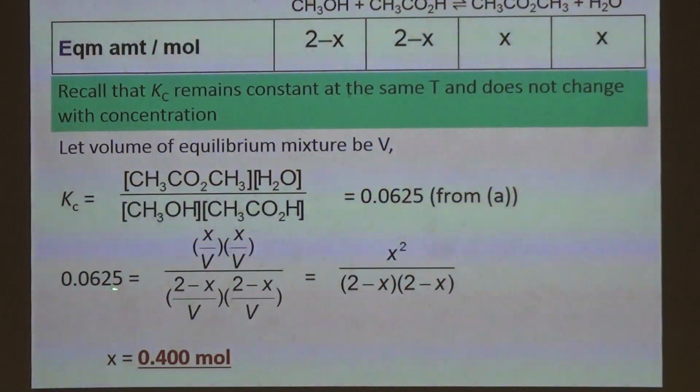So basically you get Kc is equal to X squared over (2 minus X) squared. Then solve. You can take the square root of the whole thing, equal to the square root of 0.0625, and solve for X. If you want to expand and solve using the quadratic equation, you can also do that.